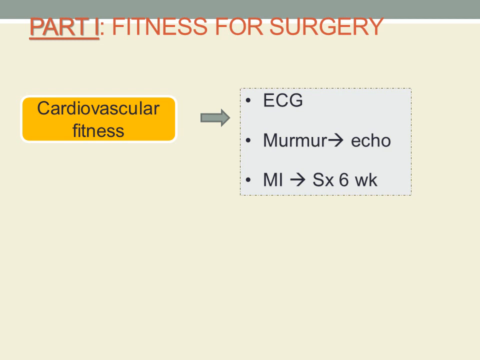In the cardiovascular assessment, the goal of the cardiovascular risk assessment is to identify the patient with active cardiac disease. History, assessment of functional status, physical examination, and ECG are an absolute prerequisite for patients undergoing thoracic surgery. All patients with an audible murmur or unexplained dyspnea should have cardiac function assessed with an echocardiogram.